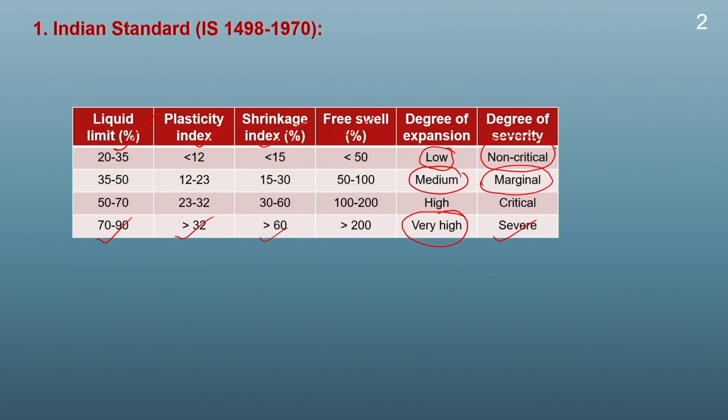In Indian standard, the soil has been classified as low, medium, high and very high based on these parameters: liquid limit, plasticity index, shrinkage index and free swell index, and depending on the degree of expansion, the soil is termed as non-critical, marginal, critical and severe.